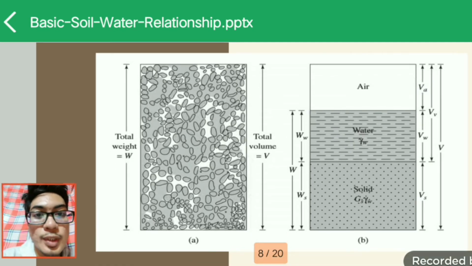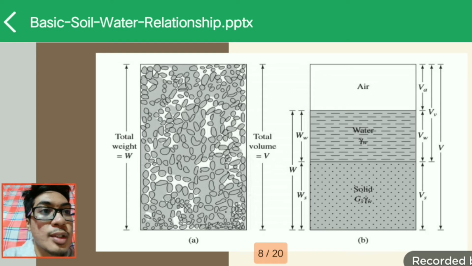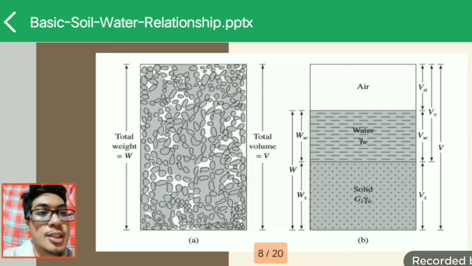If you want to know the comparison between the voids and the solid, how much void in terms of solid, you're going to end up having the void ratio. Void ratio, denoted as small e, is the volume of void divided by volume of solid.